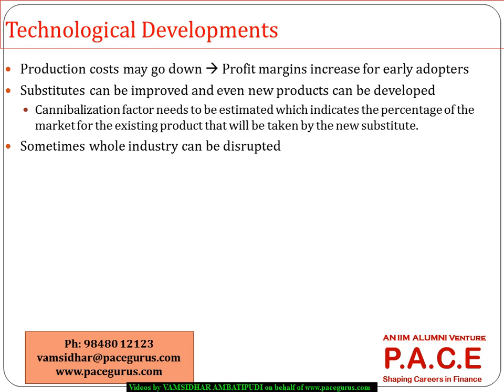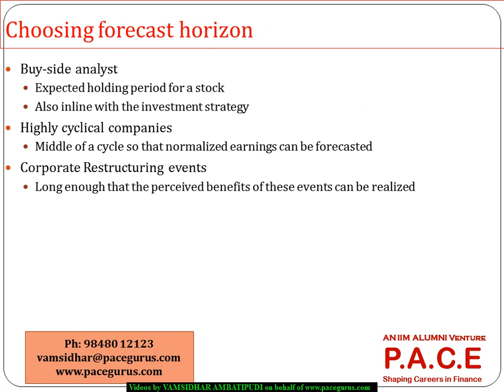So even the cannibalization factor, which is purely what proportion of the sales of the new product is contributed by the old product which was substituted. And the technological development sometimes can rupture the whole industry itself. So while trying to do modeling based on technological developments, all these factors need to be very thoroughly understood, and then incorporated into the financial statements.